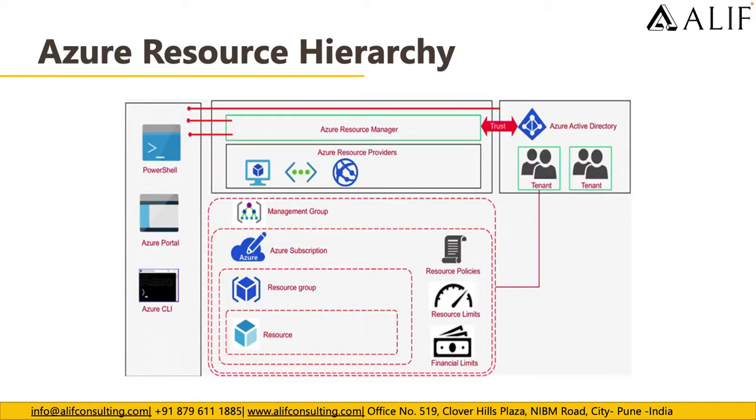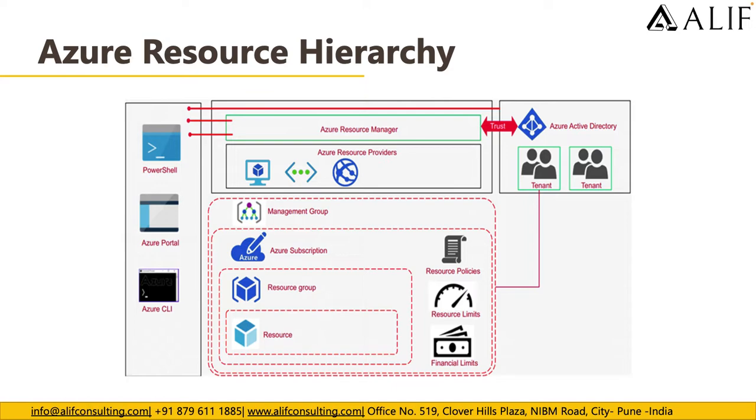This is how your resource hierarchy looks like. So in a subscription, you have the Azure Resource Manager, which can be used through PowerShell or CLI, and then you have the Azure Resource Provider, which helps you to create the resources whenever a deployment has been submitted, and they are basically connected with the Azure Active Directory. They automatically get trusted with the Azure Active Directory.